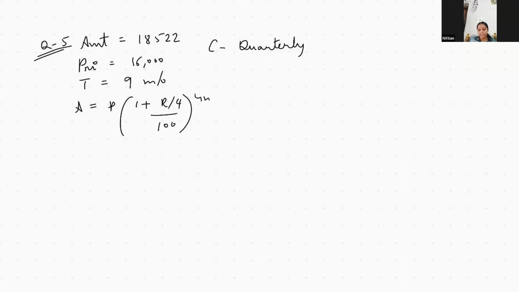Now, in 9 months, it's being compounded quarterly. So in 9 months, how many quarters are there? 3, ma'am. Yes, because it's 9 by 3, quarters. So 3 quarters. So n will become 3. Okay, let's put the values.